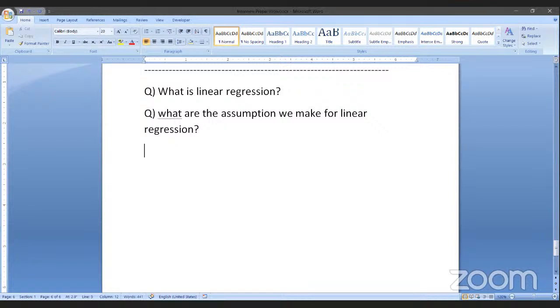Okay, so yeah, correct. So first, the sample we take should be a representative of the population.